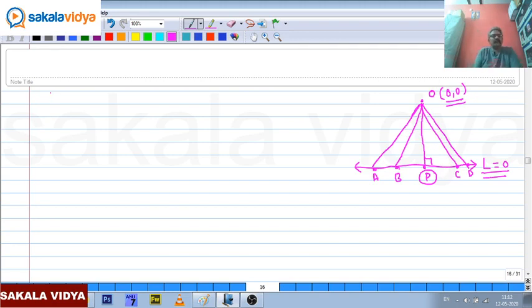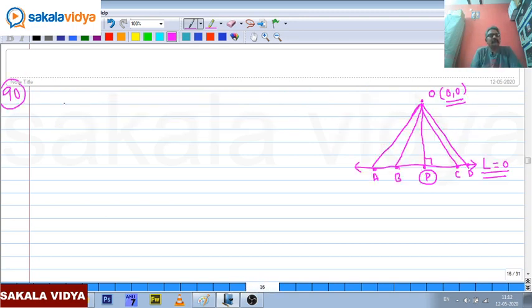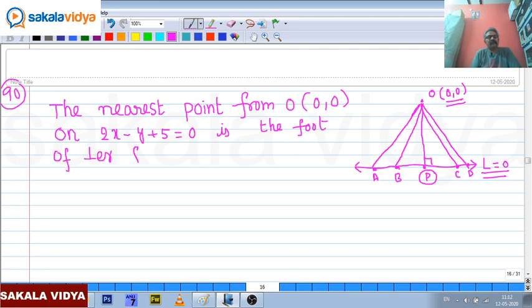So now, write down the solution. The nearest point from O(0, 0) on 2x minus y plus 5 is equal to 0 is the foot of the perpendicular from O(0, 0) to the given line. That means we need to find the foot of the perpendicular.